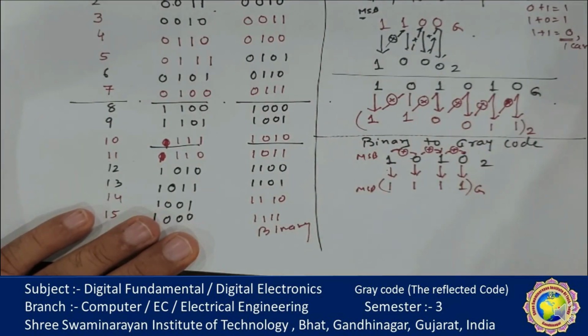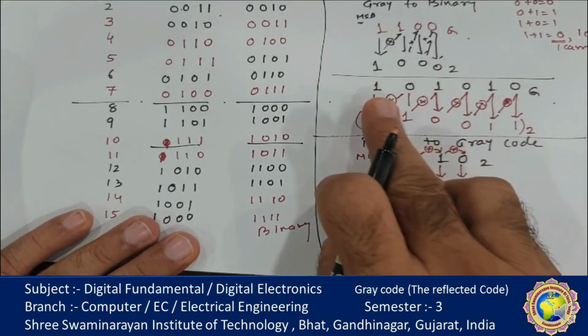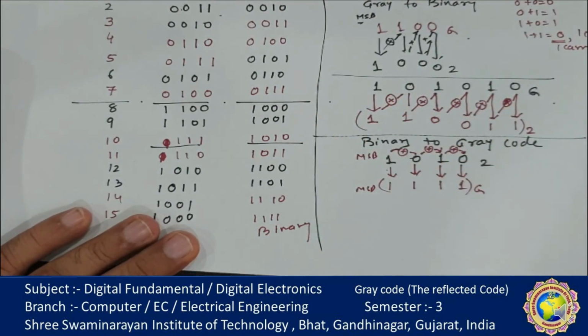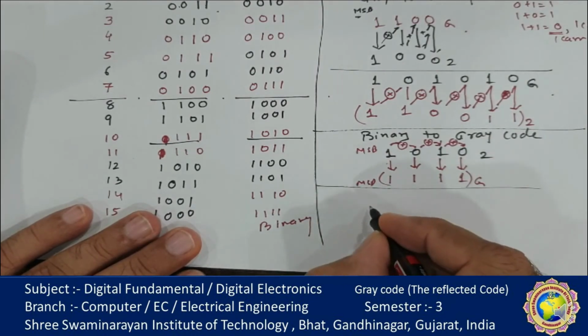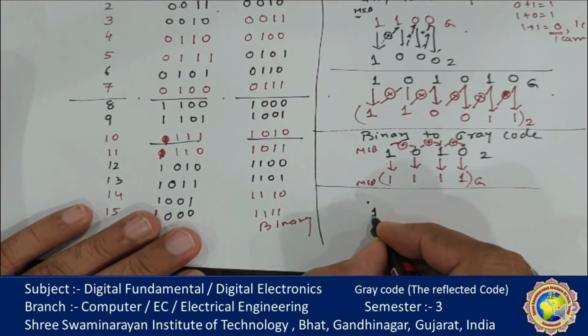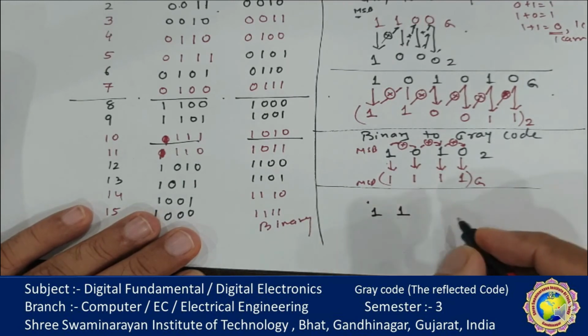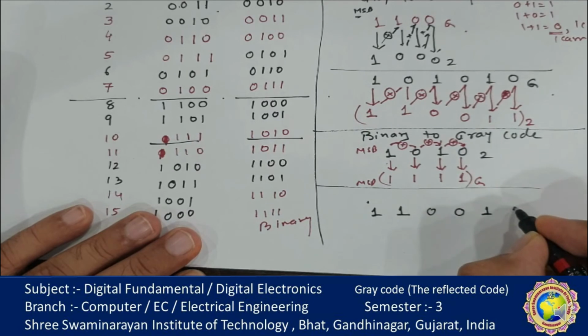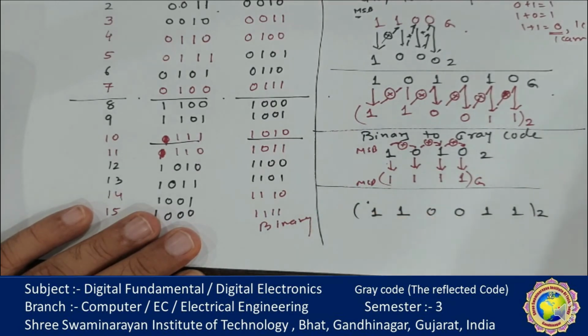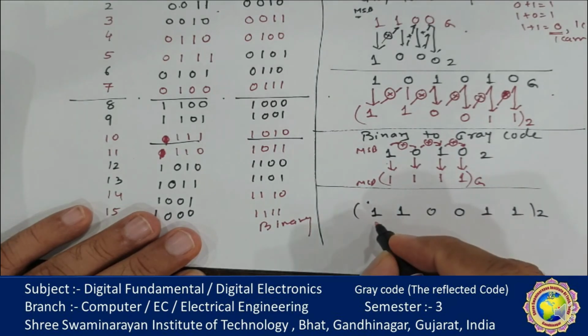Let's take the previous example, which we converted gray to binary, this 6 digit, and we got the answer 1 1 0 0 1 1. This is the binary number. We want to convert it into gray code. So first MSB remains same.